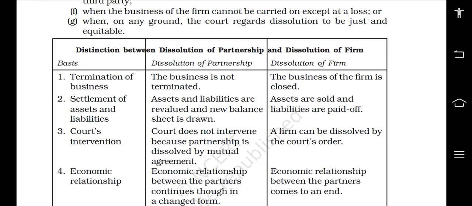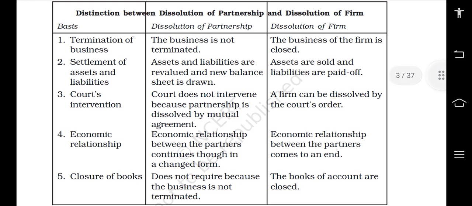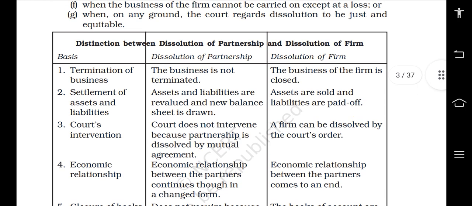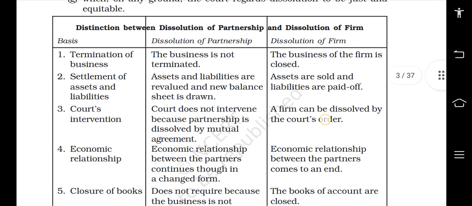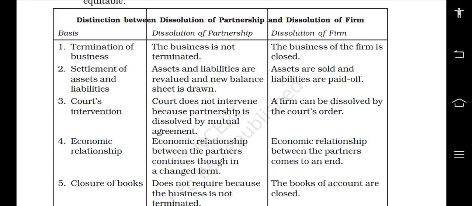The second difference is that in dissolution of partnership, assets and liabilities are revalued and a new balance sheet is drawn.